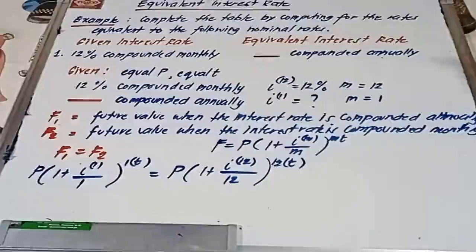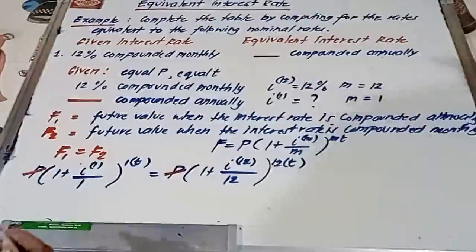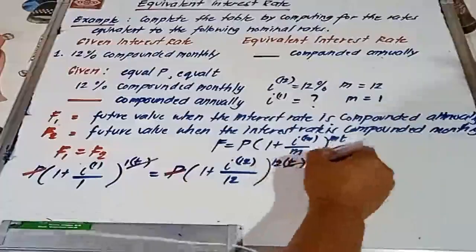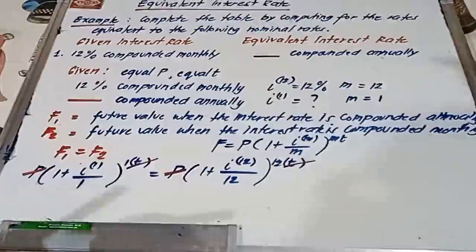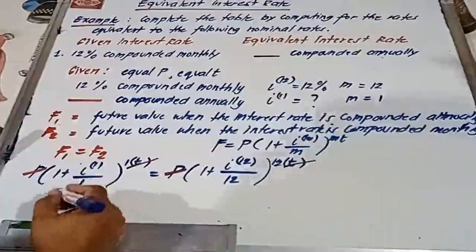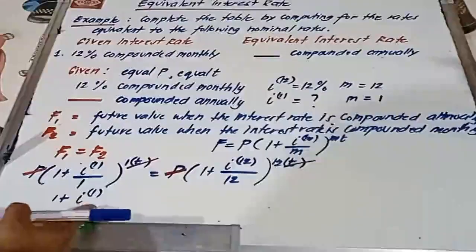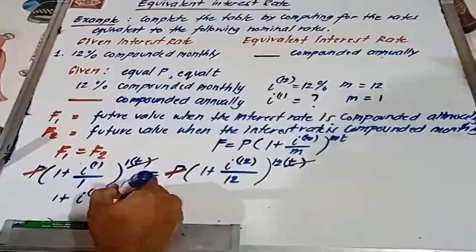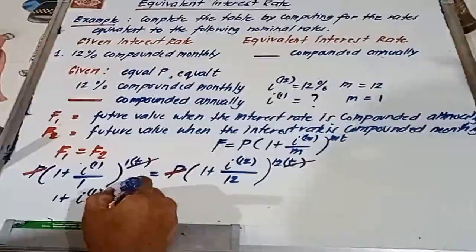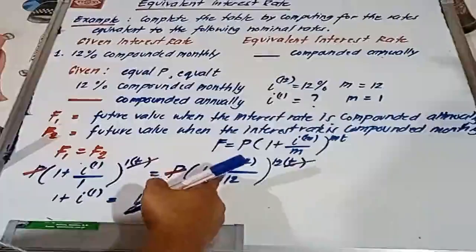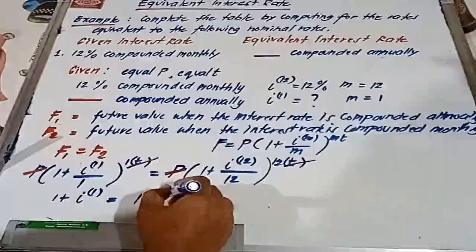Then, isimplify natin yung equation. We can cancel out P. Okay. We can cancel out T. Okay. So, matitira na lang is this one. 1 plus I. Yun yung kanyang notation for an interest rate compounded annually equal to 1 plus, your I is 12% for the second future value.